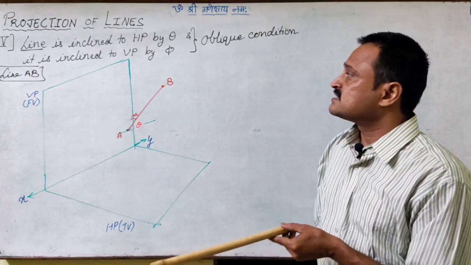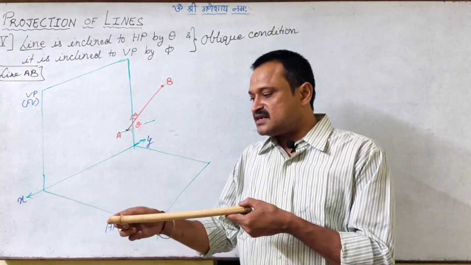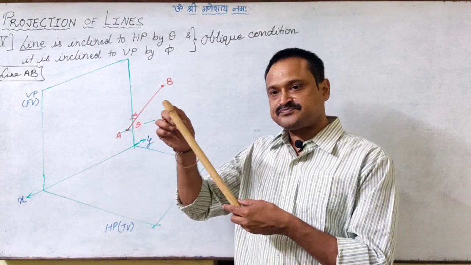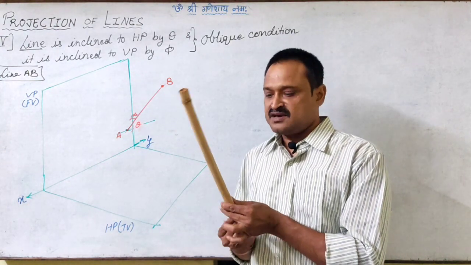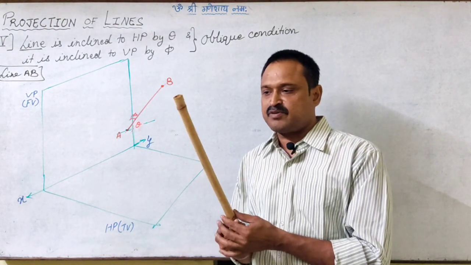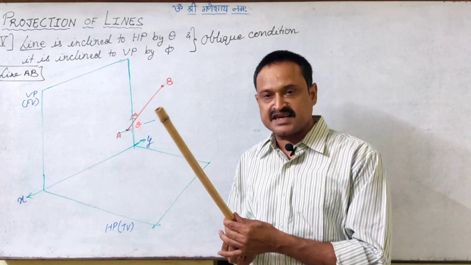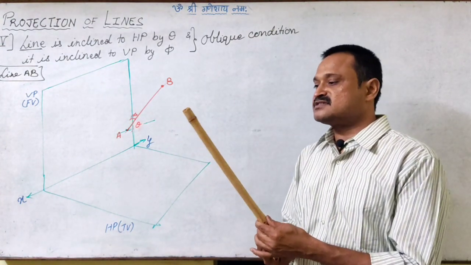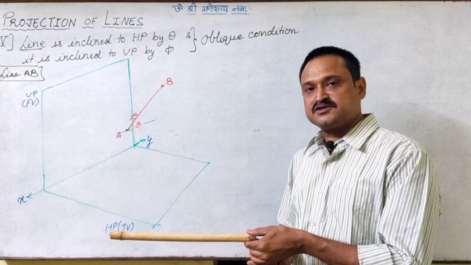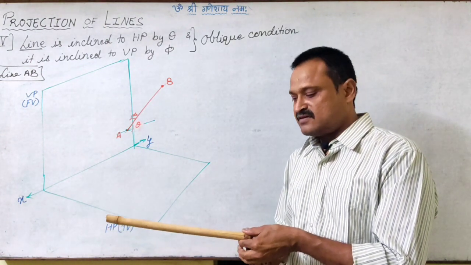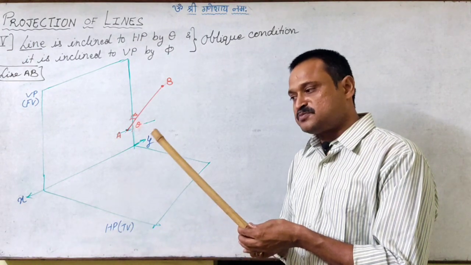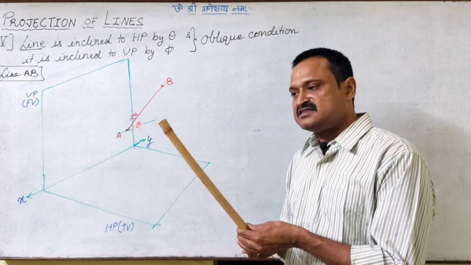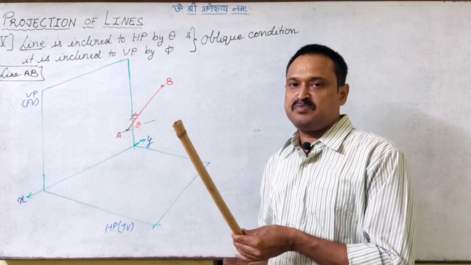Now our condition is that the line is inclined to HP as well as it is inclined to VP. As if this end is my reference end, if I rotate this line like this, now it is inclined to both the reference planes. Have a look at it here again. The line is inclined to HP as well as it is inclined to VP.